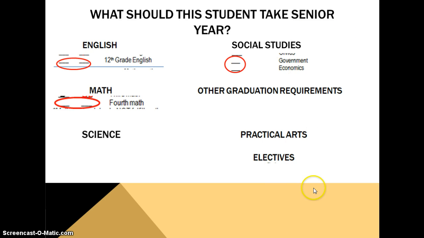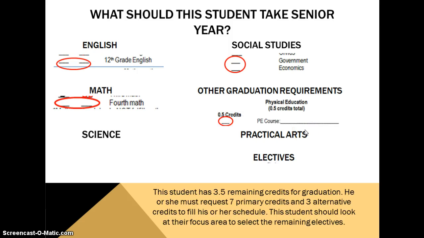They are independent of one another. For the other graduation requirements, the student needed to take a physical education class. The student could take lifetime fitness conditioning, aerobics, outdoor education, a general PE class. There are a number of PE options for that half credit.